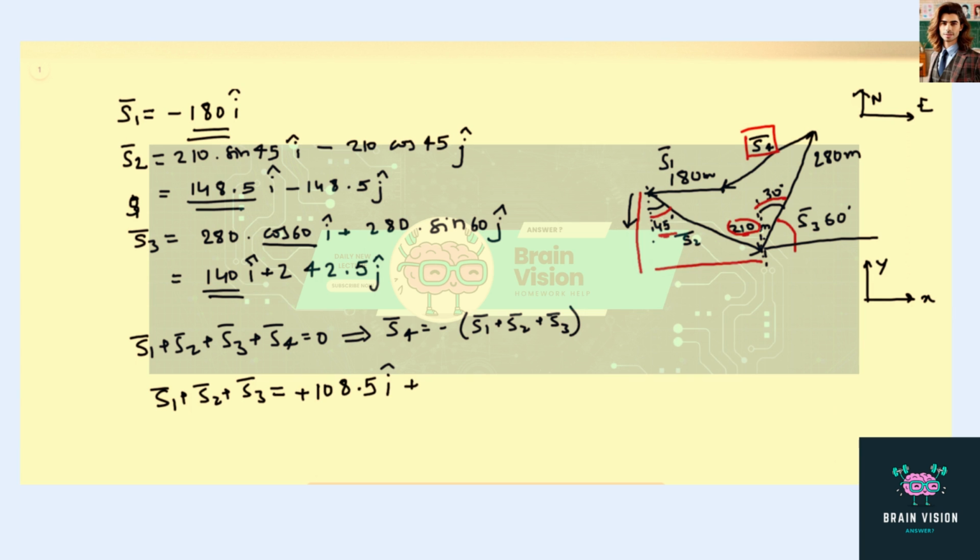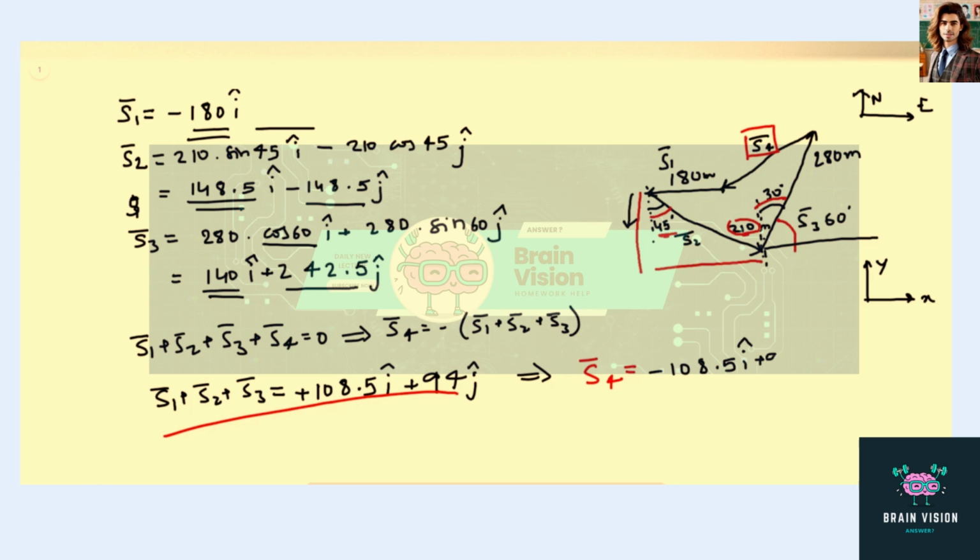And the y components, when added, would be 0 minus 148.5 plus 242.5, which will give us 94 j cap. Hence, our S4 would be minus of this, which is minus 108.5 i cap plus 94 j cap. The units are in meters, of course.